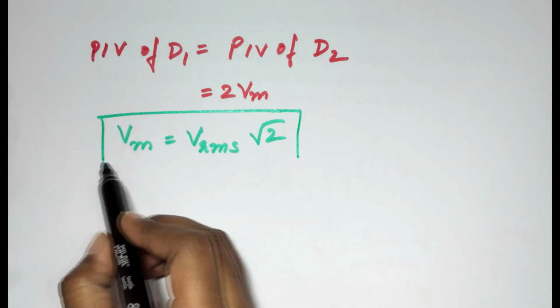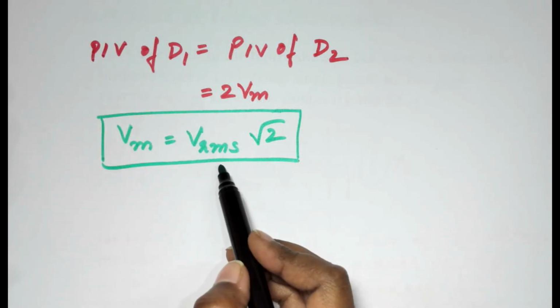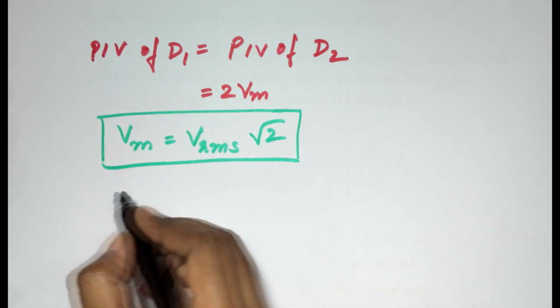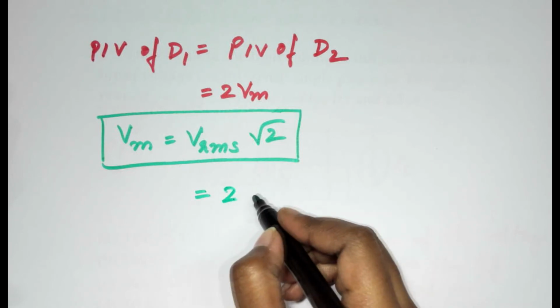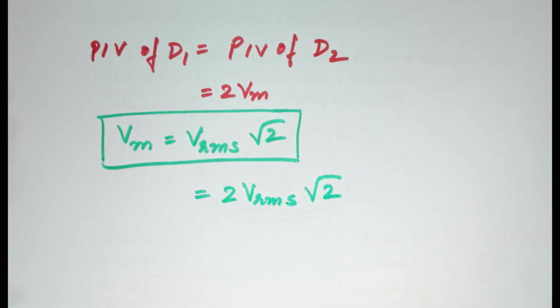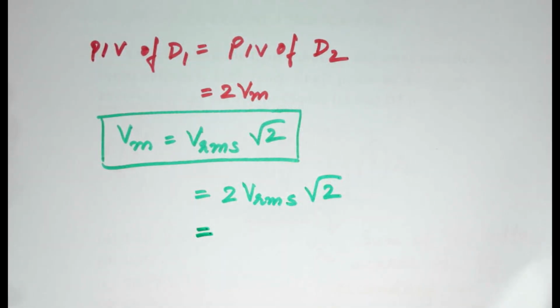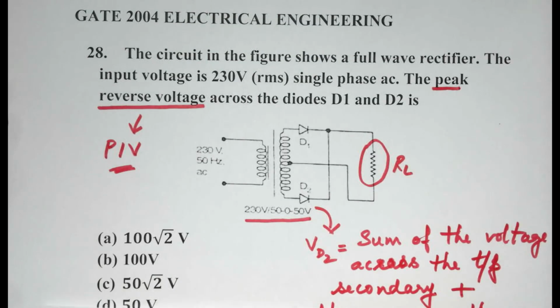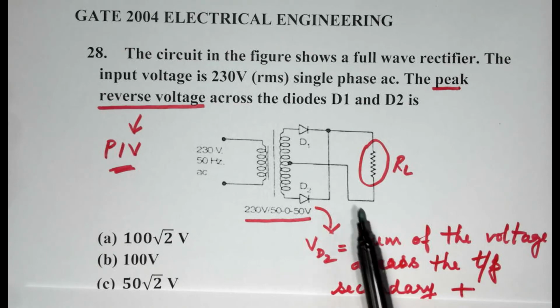So if we have to write the PIV in terms of V RMS, we get 2VM becomes 2 into V RMS times root 2. Now, according to the diagram over here, notice that the voltage across the secondary is 50 volts, right? So 50 volts is the V RMS.